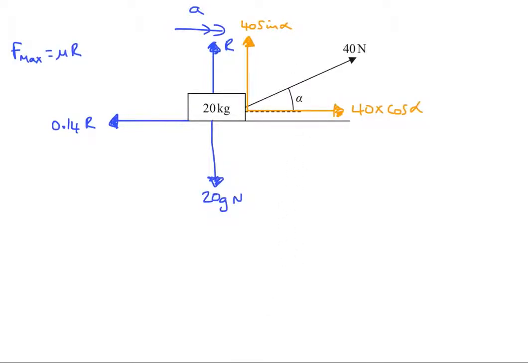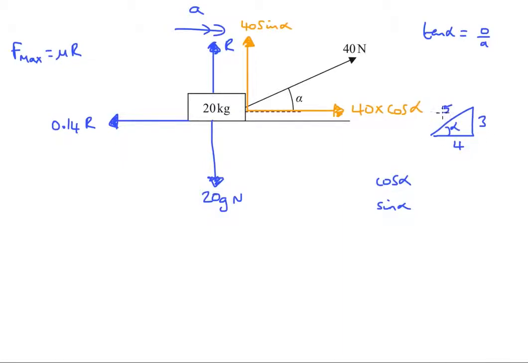Now the other thing that we're going to work out is what cos of alpha and sine of alpha are. We can do that because we know tan alpha is 3/4. Remember, tan alpha is the opposite over the adjacent. So in a little right angle triangle, that's 3 for the opposite and 4 for the adjacent. That allows us to work out the hypotenuse.